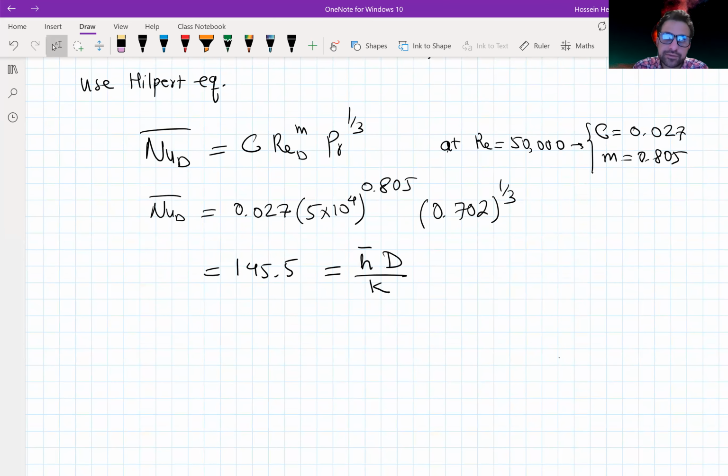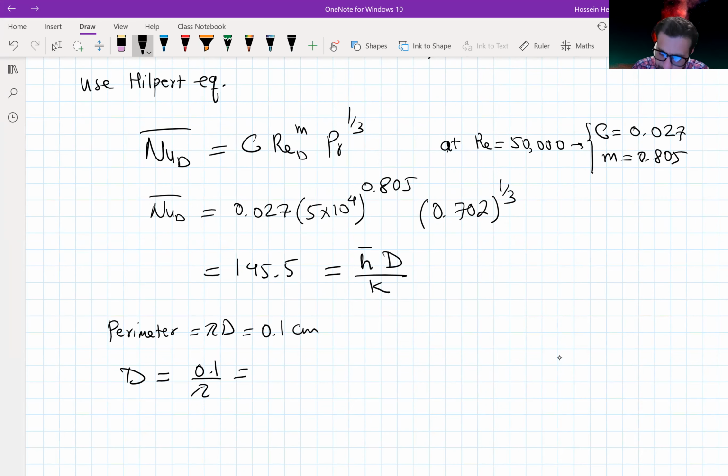Now diameter, we can find it from the perimeter. Perimeter of cylinder is pi d, which is 0.1 meter. So d is going to be 0.1 divided by pi, 0.0318 meter.